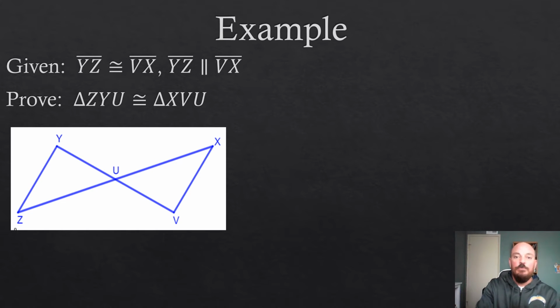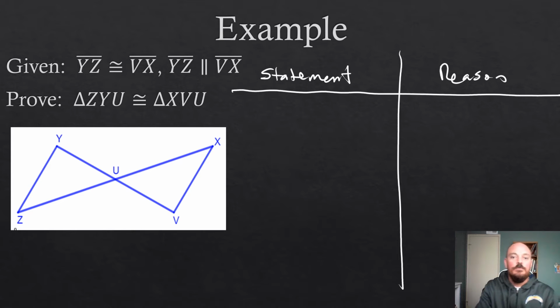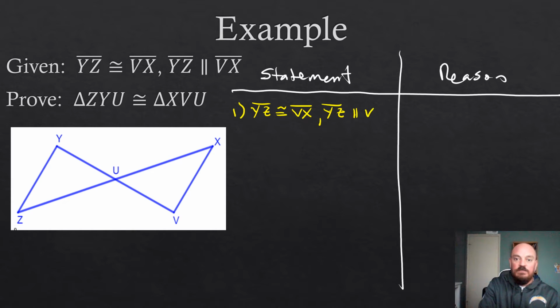So let's set up for our proof. Let's set up for a 2-column proof, statements and reasons. And then our first statement, as always, will just be copy the given information. So we have YZ is congruent to VX, and we have YZ is also parallel to VX.